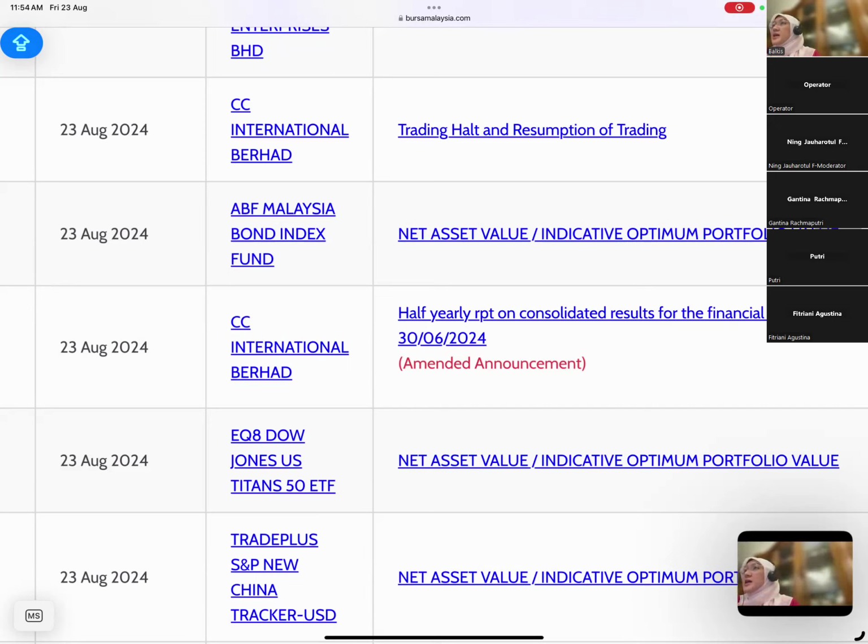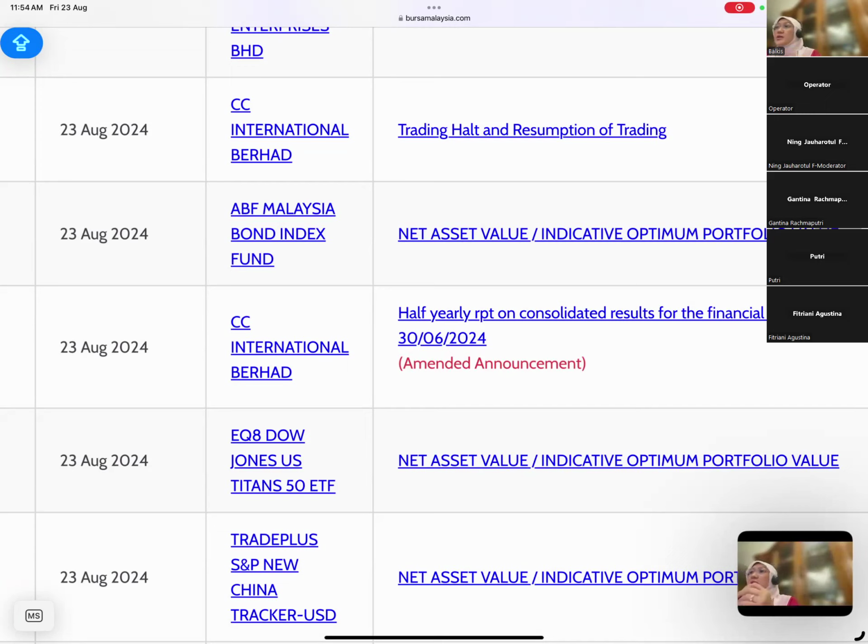like IFRS, or like the IFSA. IFSA is Islamic, I tak ingat, Islamic financial standard, a financial standard for all the financial institutions in Malaysia.